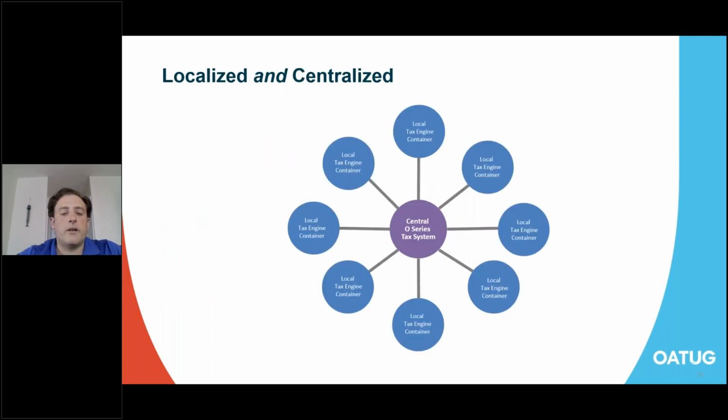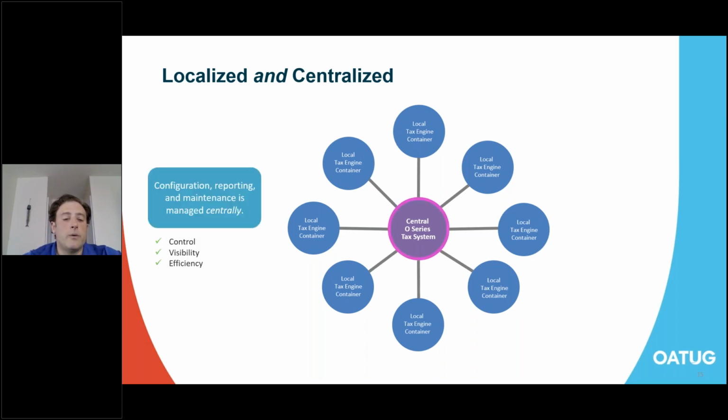So the benefits of O Series Edge are that it is localized and centralized. Your tax department can have access to O Series in the cloud, and this is the key to edge computing, that it is connected to the cloud.